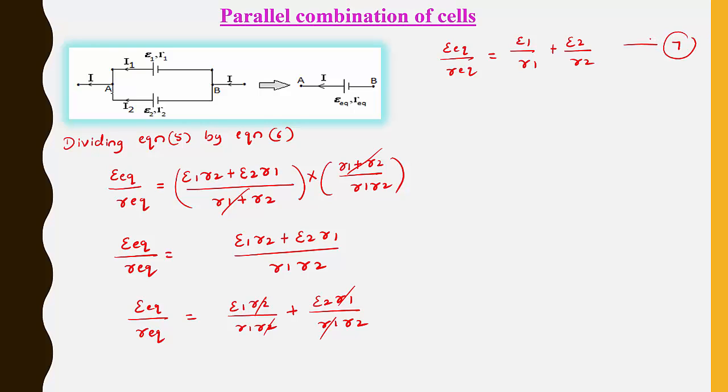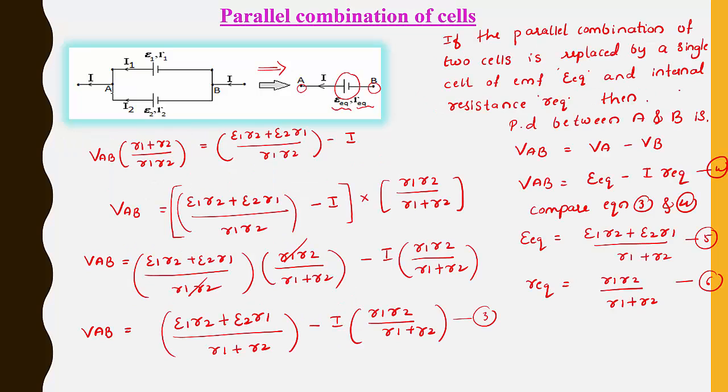Now again you can observe equation number 6. Equation 6 can be rewritten as follows. Equation 6 is R equivalent equal to R1 R2 divided by (R1 plus R2).